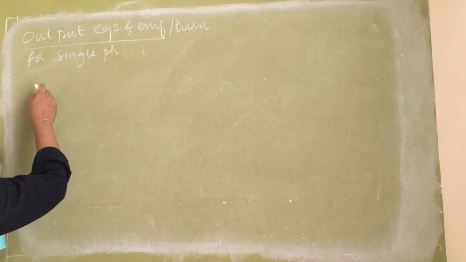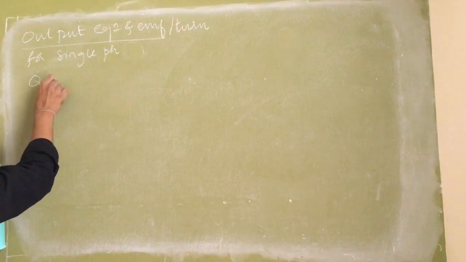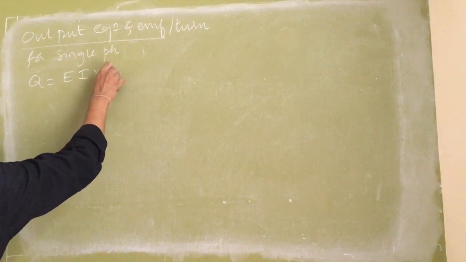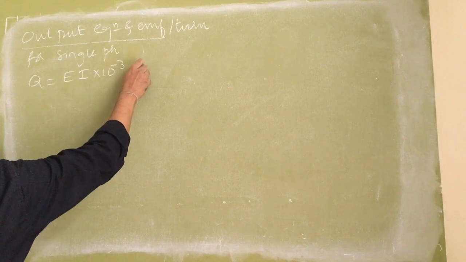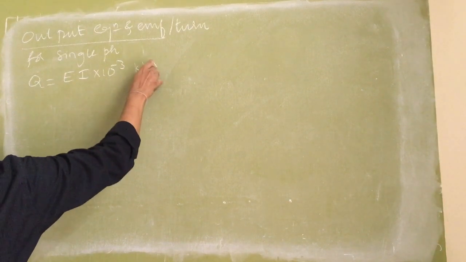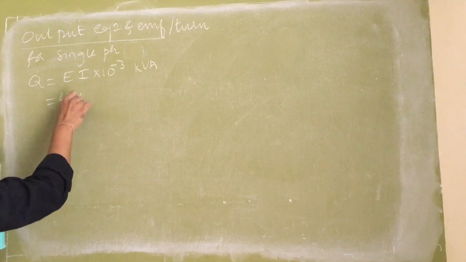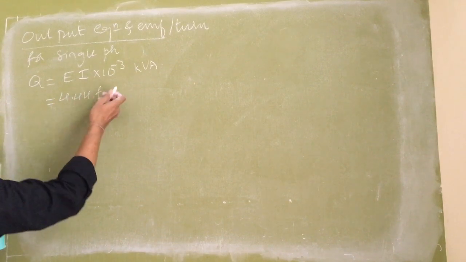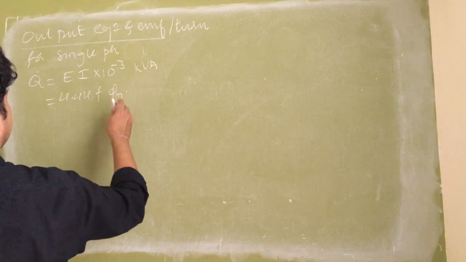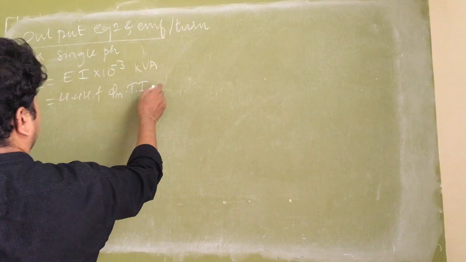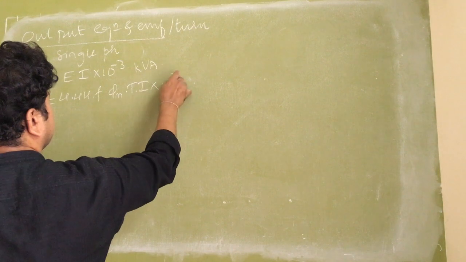So for single phase, Q is equal to E into I into 10 to the power minus 3 kVA, or I can write 4.44 F phi m into T into I into 10 to the power minus 3 kVA.